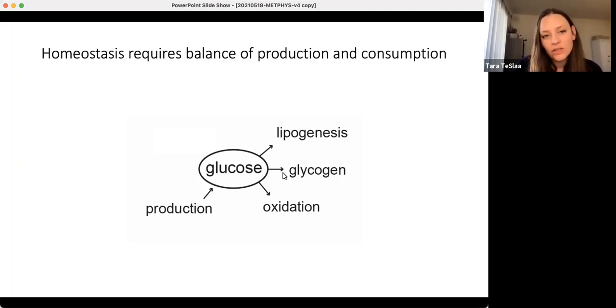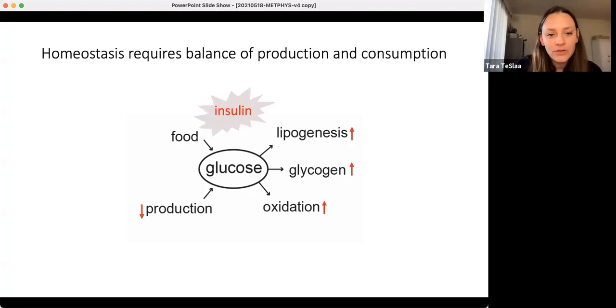Two routes of storage are production of glycogen, which is a polymer of glucose, and conversion into fat through lipogenesis. One challenge to maintaining glucose homeostasis is the influx of glucose from food.